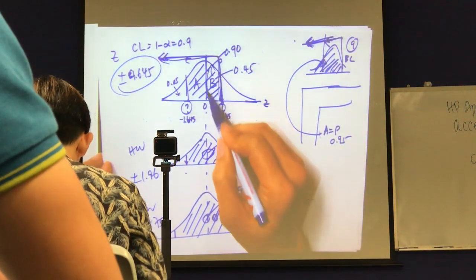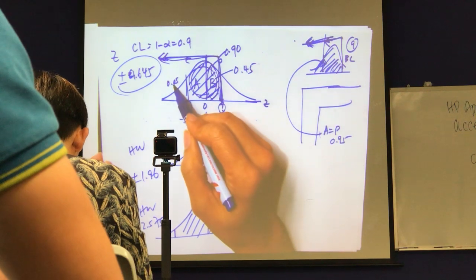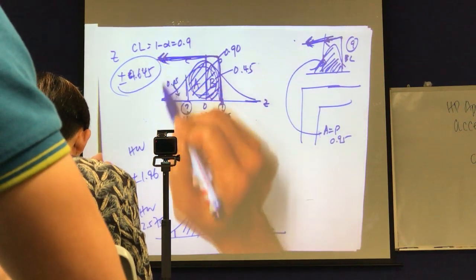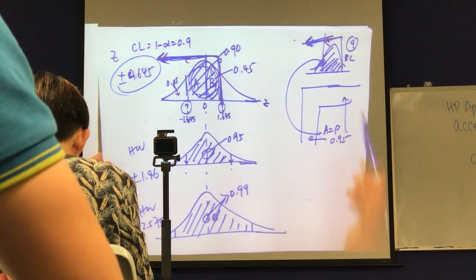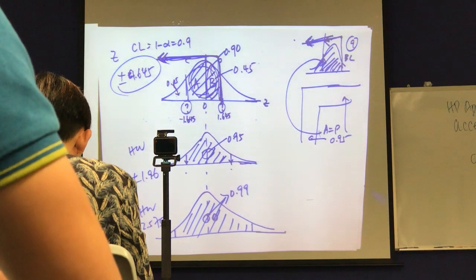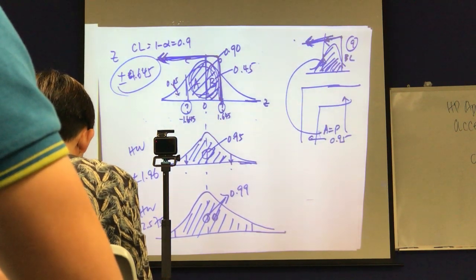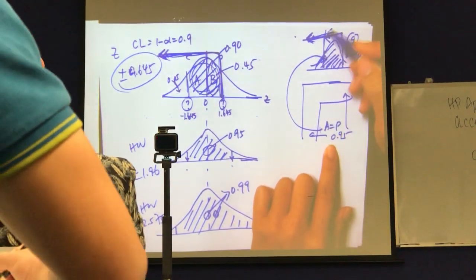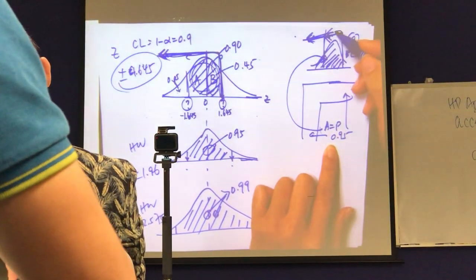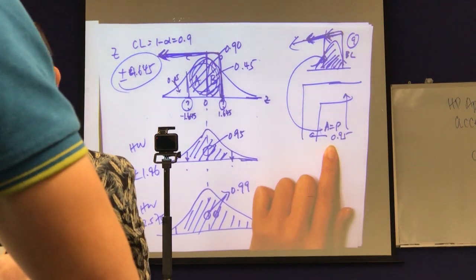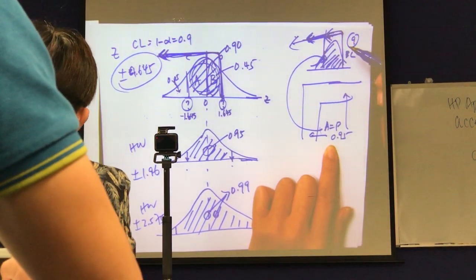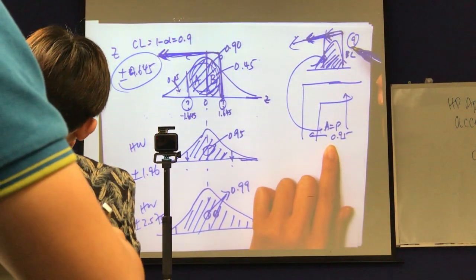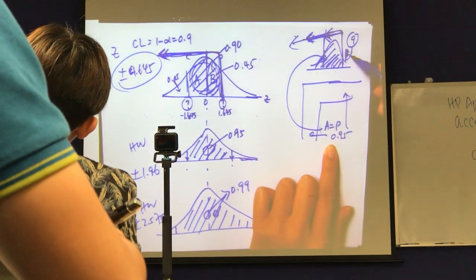Because this is 0.9, this is 0.05, 0.95. Look left, look top. This is 1.645. Remember this table doesn't stop halfway. That's why I asked you to draw the arrow all the way to the left, not stop halfway, and this is a big left.